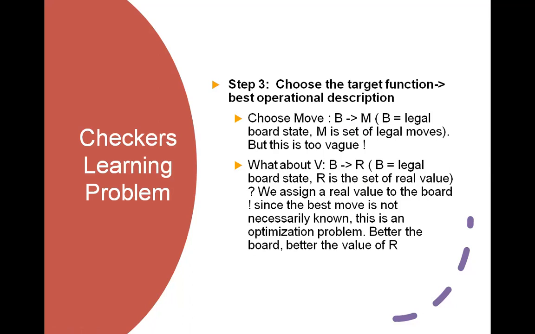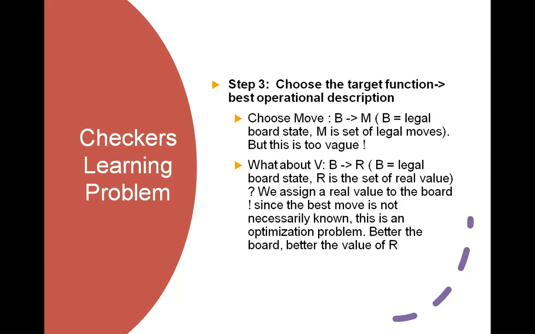For each and every board state, there will be n number of moves. If you represent the target function like this, it will be very difficult to decide which move to make. I need some quantitative value based on which I can make the moves. So for that reason, this ChooseMove function can also be represented like this: V is equal to B to R, where R is some real value. Instead of a set of moves, I will represent it in the form of values.